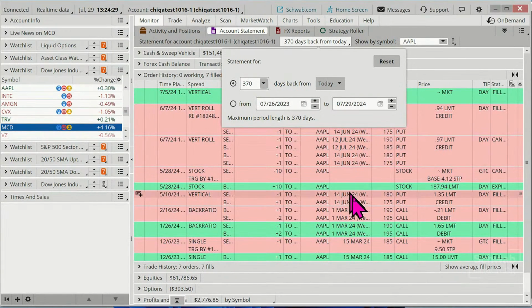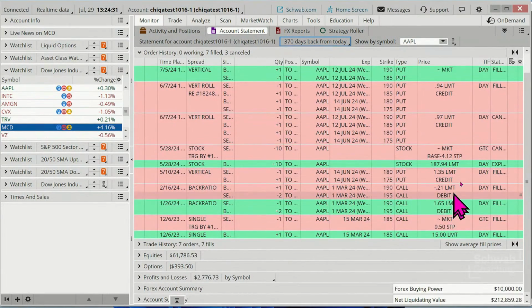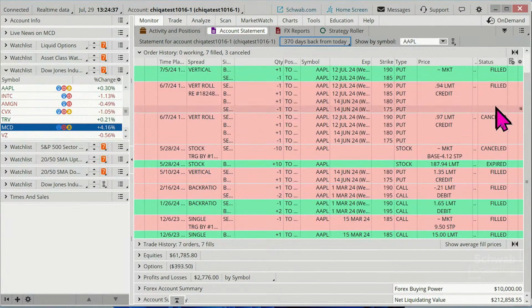But let's do this. Let's pull this up, and then I can go back. I'm on order history. I don't have any rejected options trades on here, but I have some canceled trades, and it'll say rejected right there. Okay. So that's rejected. And then what you can do is just note the date.